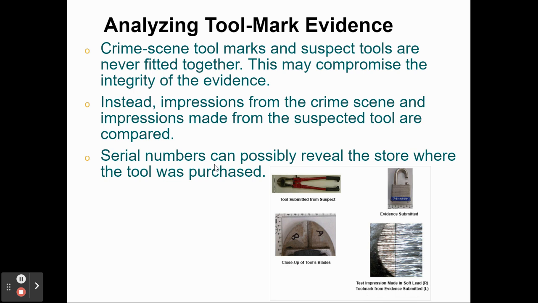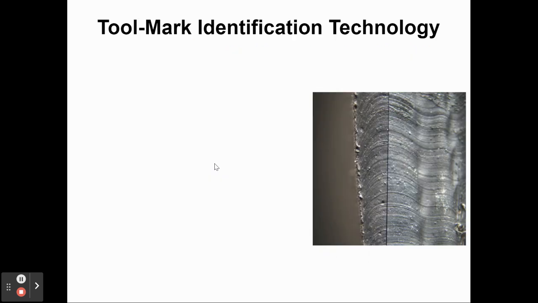But serial numbers can be restored to some degree. There's an activity that if you're taking this class in person that we'll be doing where we will attempt to restore serial numbers. Sometimes it's more successful than others, but it's kind of an interesting work in progress. But we'll talk about serial number restoration a little bit later.